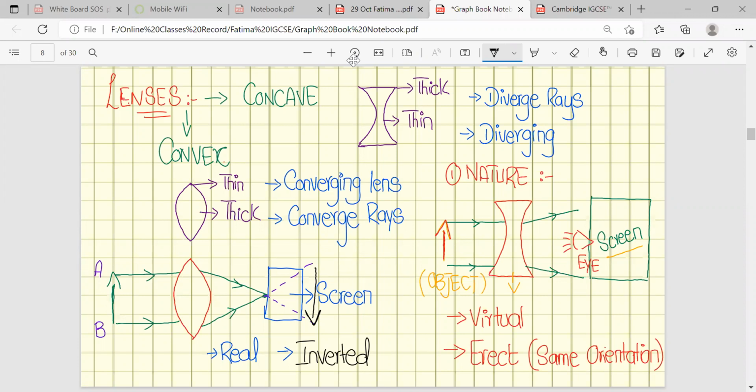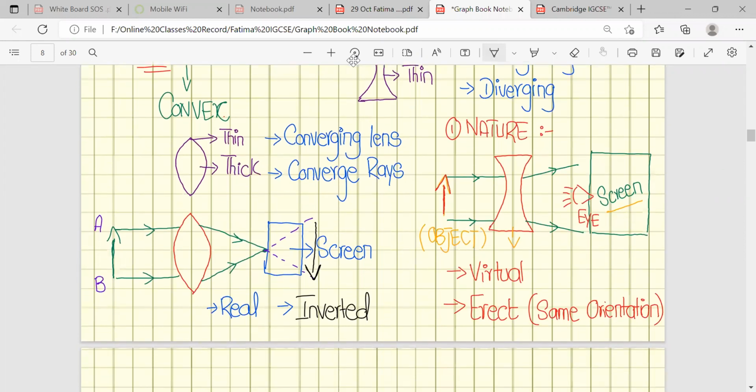So this is the basic difference between the image formation and the nature of the image in concave and convex lens. There is a property of a convex lens that it can also form a virtual image in some cases.